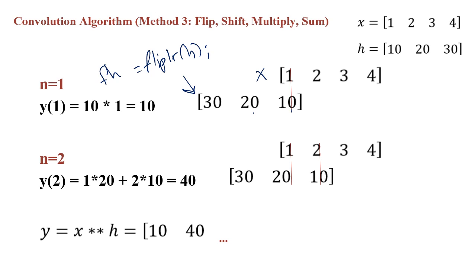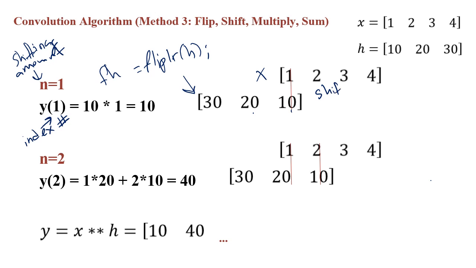So the first step is to flip the signal and then shift it along the other signal. So we flipped h, we are shifting it now along x. n is going to be our shifting variable, and it's also the same as the index of the convolution output. So n is the shifting amount, and it is also the index number. So for shifting by 1, that means we're evaluating the first element in y.